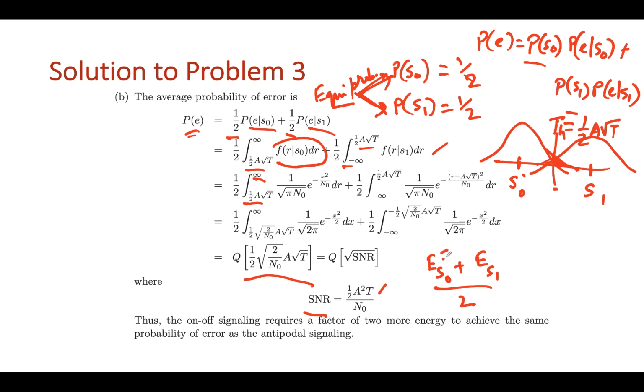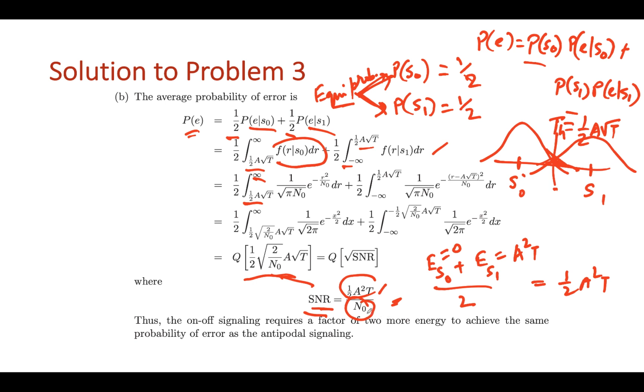E of S0 is 0, E of S1 is A squared T, so this will be half of A squared T. That goes in the numerator, and in the denominator you have N0. So you have your SNR as this quantity, half of A squared T by N0. So the argument of the Q function is basically the square root of SNR, where your SNR is this quantity.